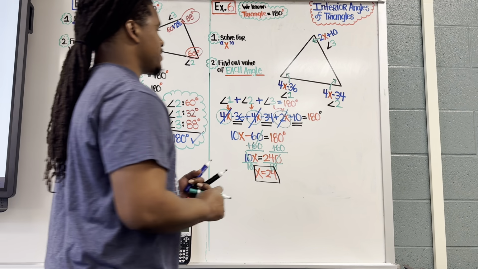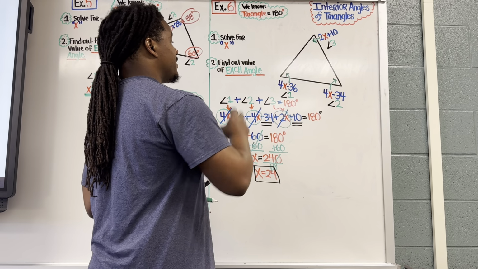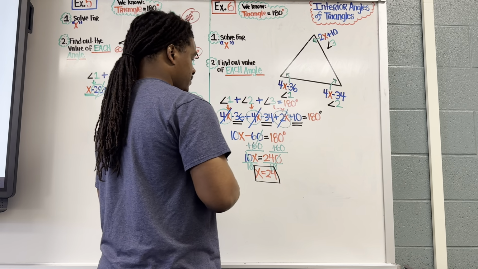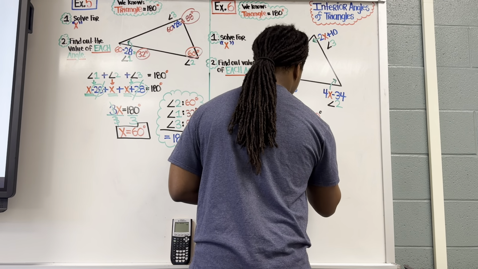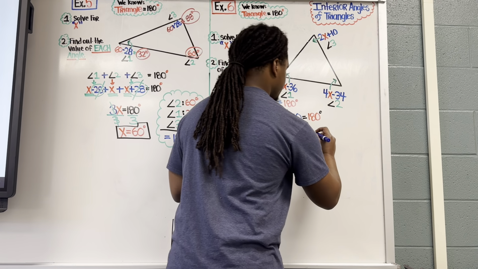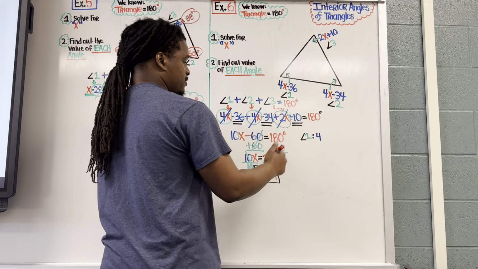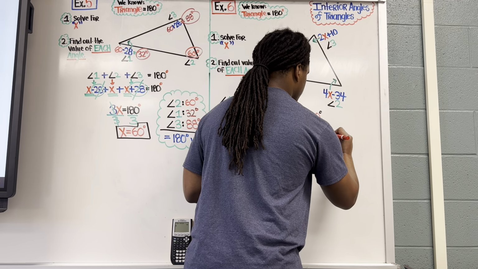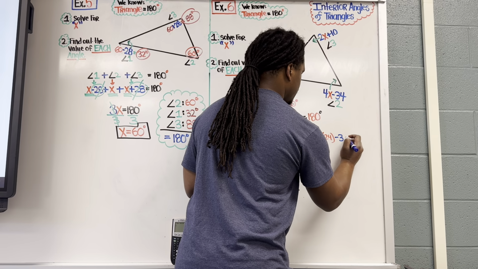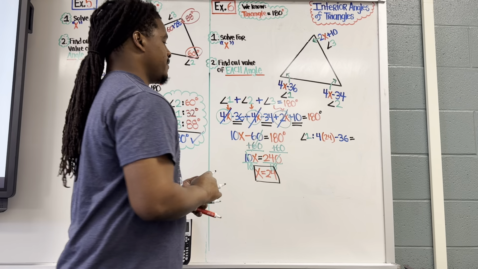So what we're going to do is plug in 24 in each expression as x to find out the actual measurement of that angle, okay? So let's start off with angle 1. Angle 1 is 4 times x, and remember, x is 24, so it's going to be 4 times 24 minus 36. And that's going to give us the angle, okay?